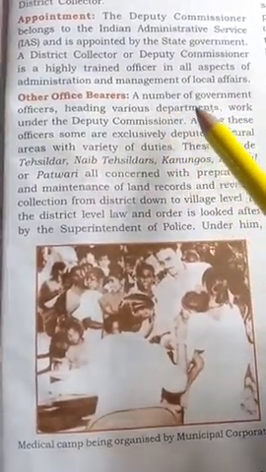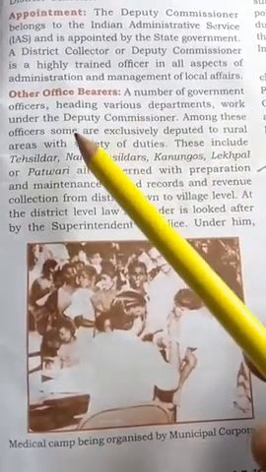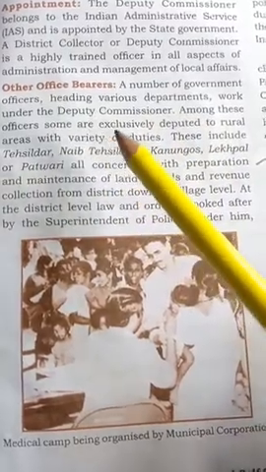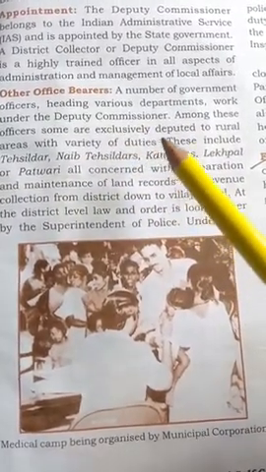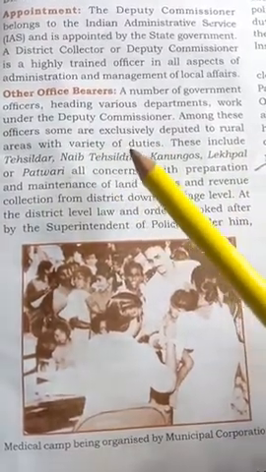Other office bearers. A number of government officers heading various departments work under the deputy commissioner. Among these officers, some are exclusively deputed to rural areas with a variety of duties.